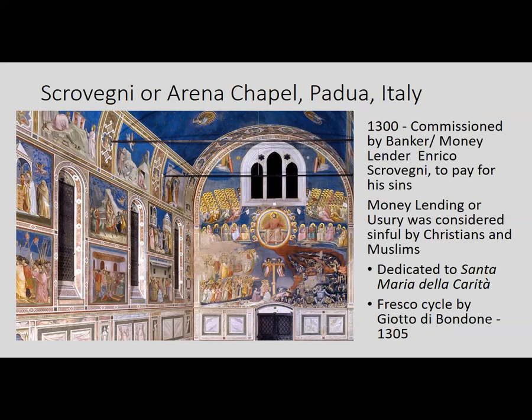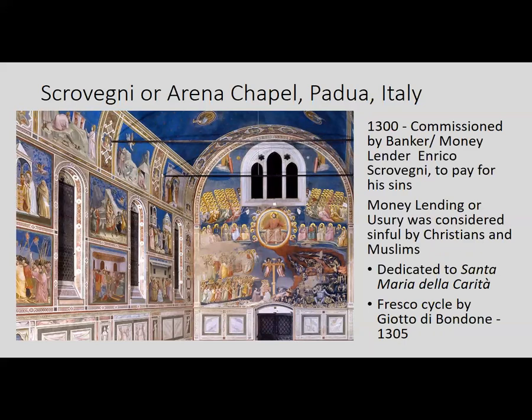This was done around 1305, and it was commissioned by a banker, a moneylender named Enrico Scrovegni. So money lending or usury was considered sinful by Christians and Muslims, and a lot of times they would have Jewish people be the moneylenders because the Christians and Muslims couldn't do it.